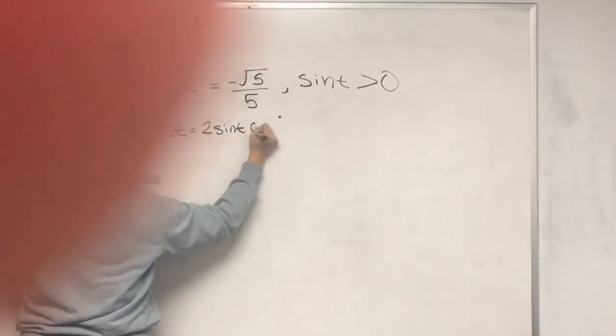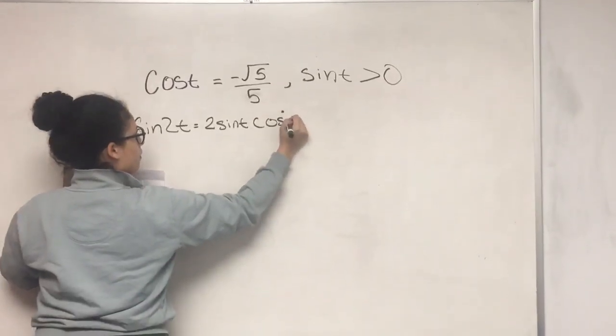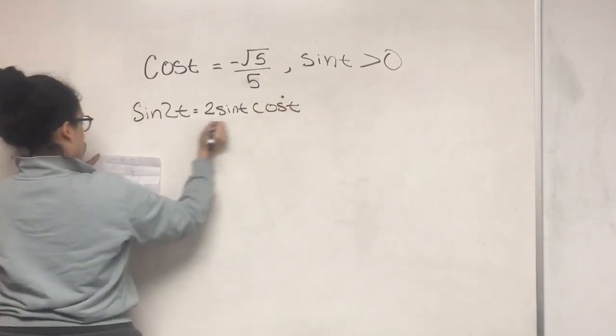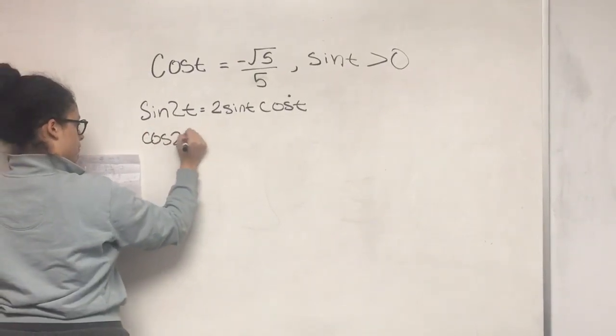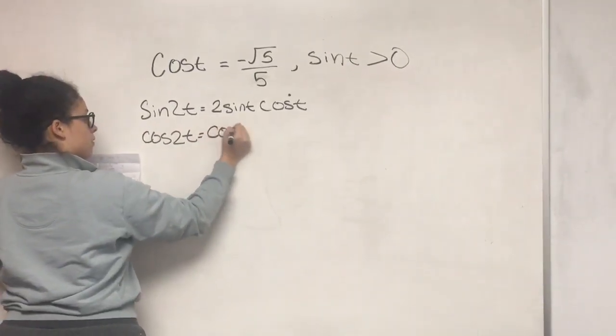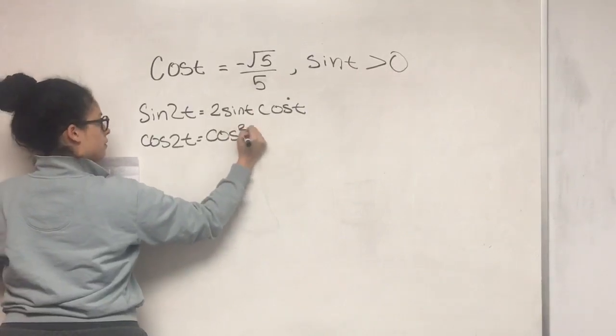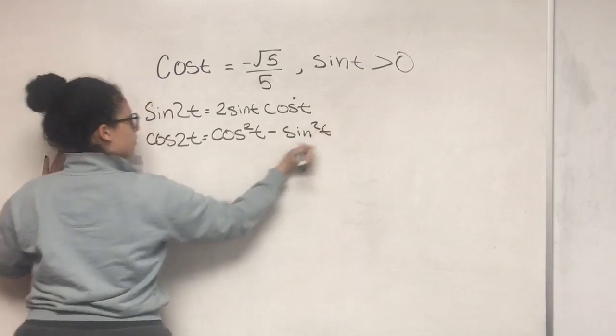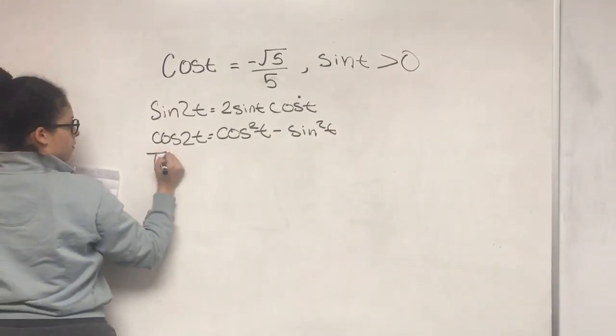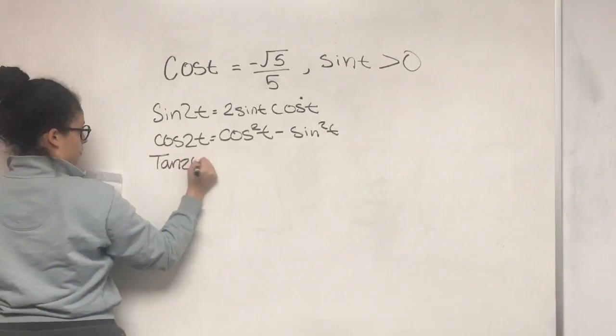What we need to remember to solve this problem is the double angle identities. The first one being sine 2t equals 2 sine t cosine t. Cosine 2t equals cosine squared t minus sine squared t.